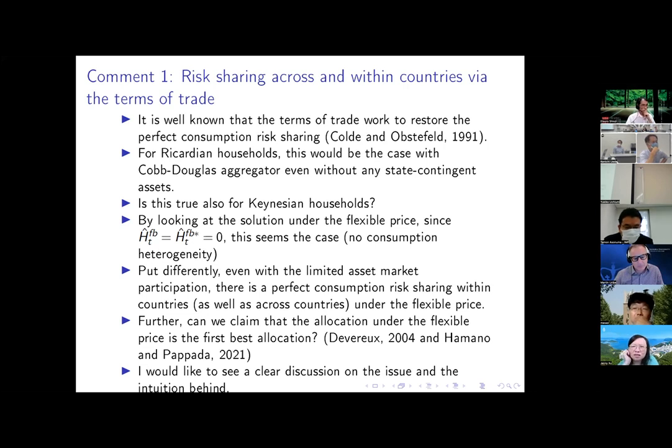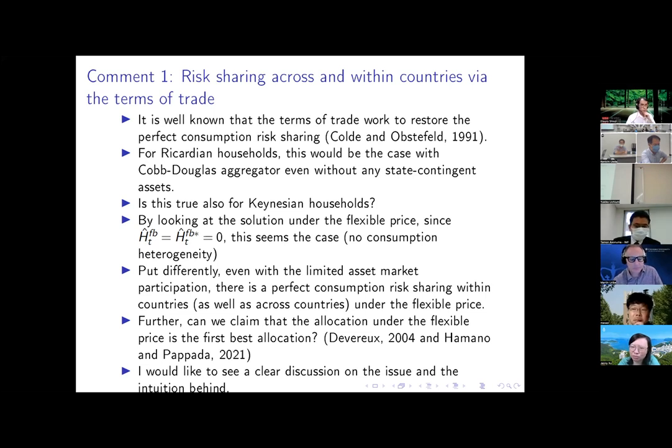In this case, because of the existence of Keynesian households, we actually also introduced the complete market. But you're right, by looking at the solution under the flexible price, the heterogeneity goes to 0. So it seems that we don't need it; we will also have this result. So I'm going to check whether the result is going to hold.